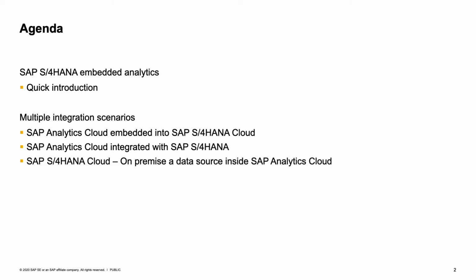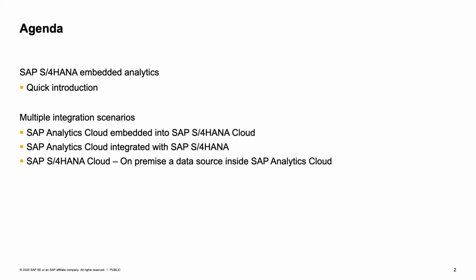Hopefully, after this session, you will understand the multiple integration scenarios between SAP S4HANA, SAP S4HANA Cloud, and SAP Analytics Cloud. The main highlight of the session is the deep integration of SAP S4HANA that we recently released to our customers. So we will start with a quick overview on embedded analytics in S4HANA and then continue with the different integration scenarios.